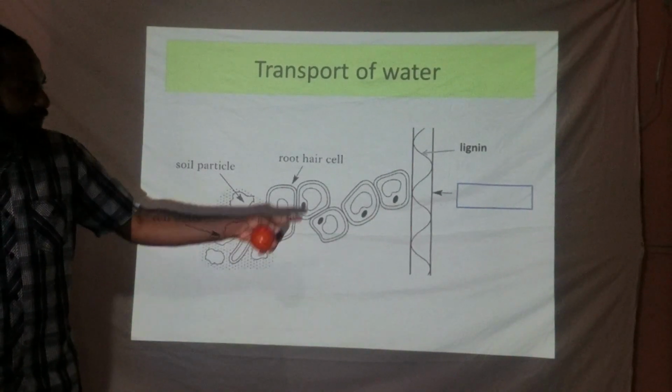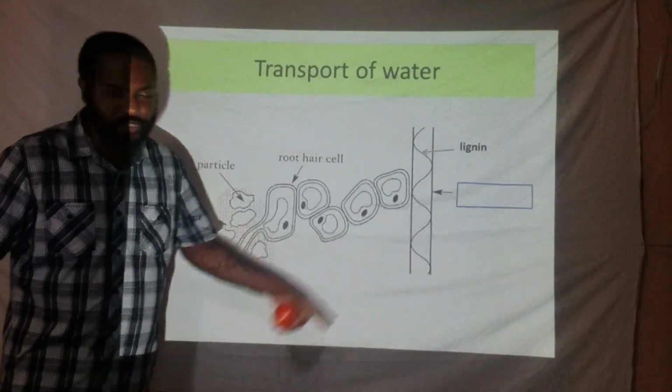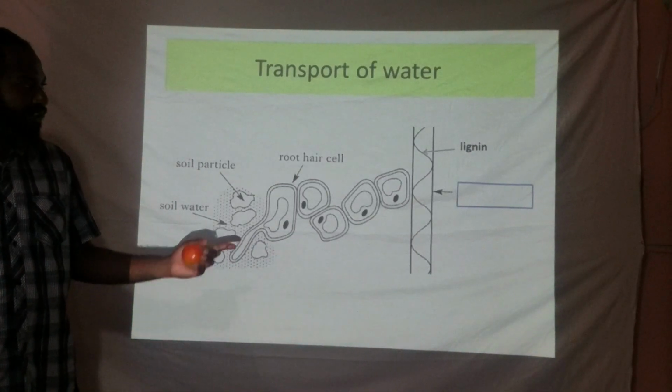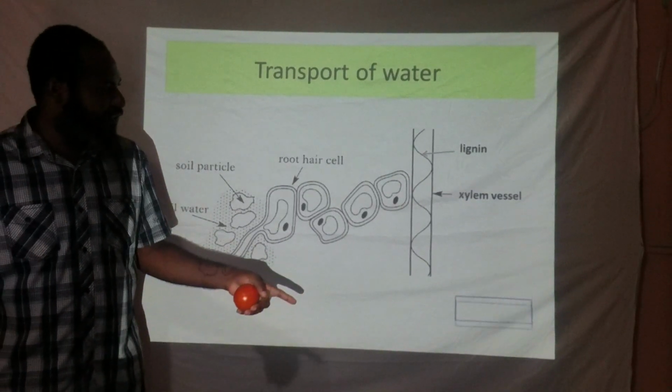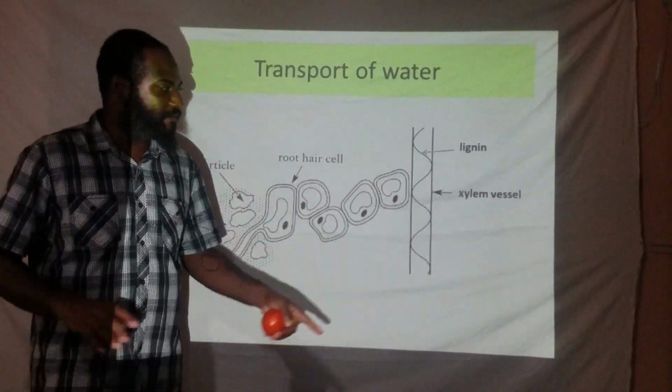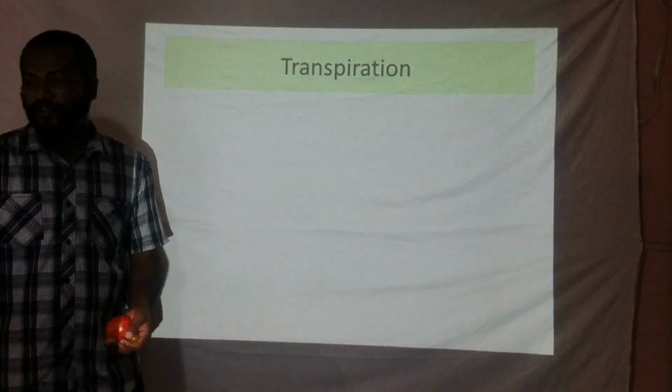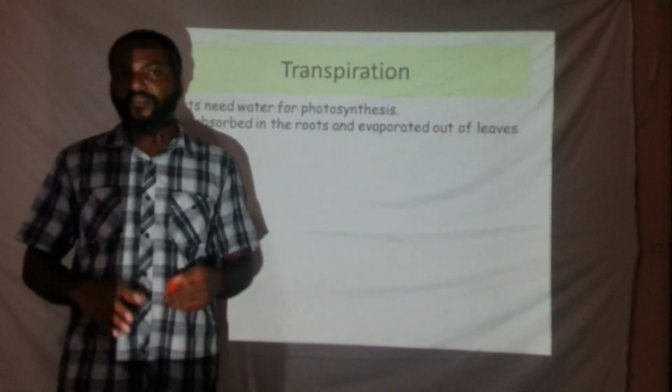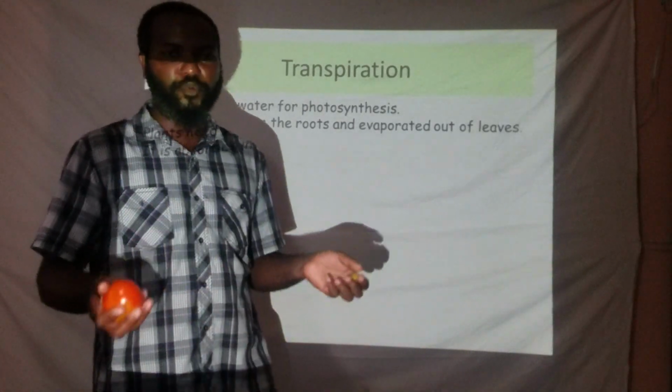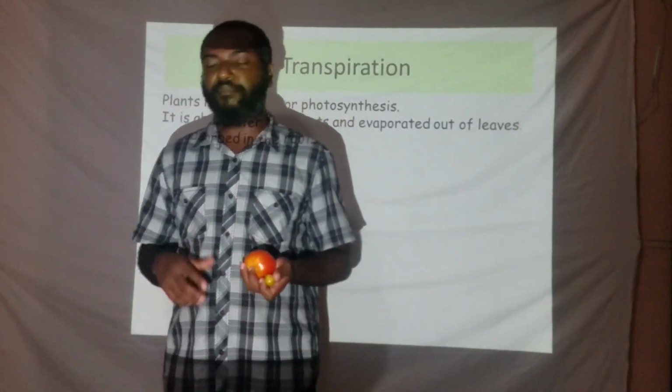Then we are going to name that part, which is the lignin, which we mentioned earlier and you saw on the previous slide. And there is the xylem vessel, which is the whole thing. So that is how the transport begins in plants.